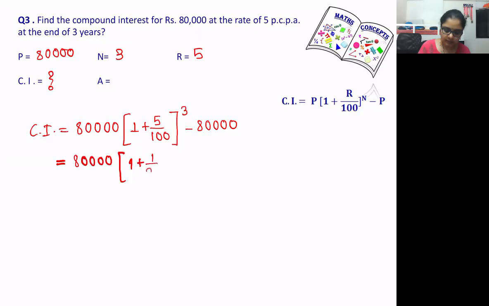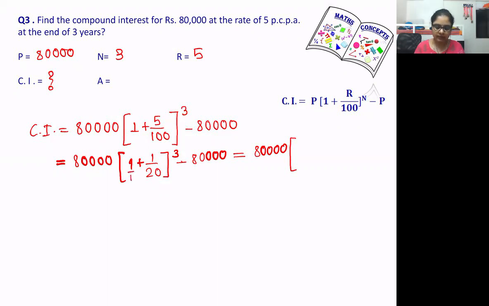Okay. 1 plus 1 upon 20. Yes, we have reduced it to 1 upon 20, minus 80,000. Now, since there is very little space, I'll write it here only. This gives me 80,000 multiplied by 1 plus 1 upon 20. Now, this 1 should be considered as 1 upon 1. We will make the denominator the same, that is 20.